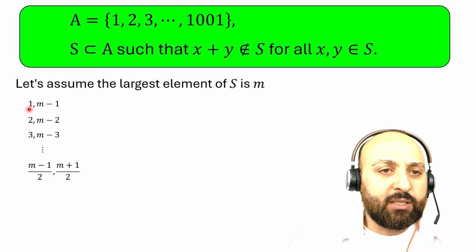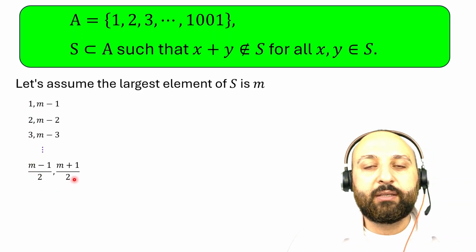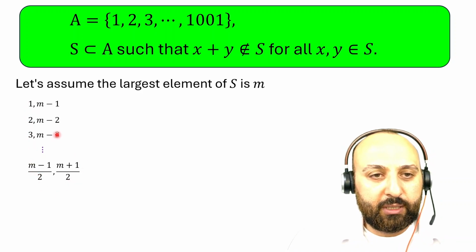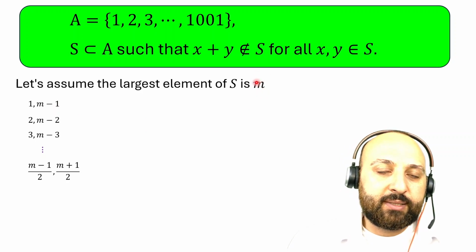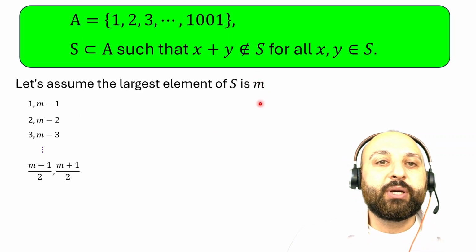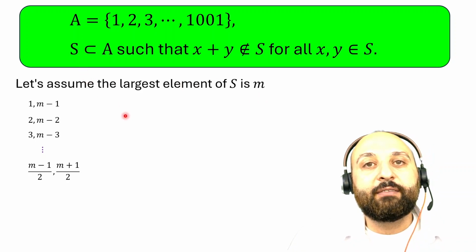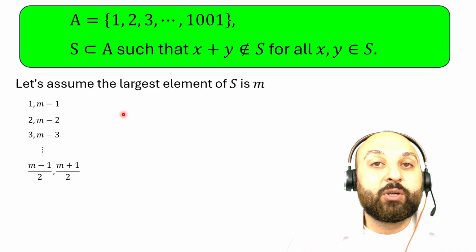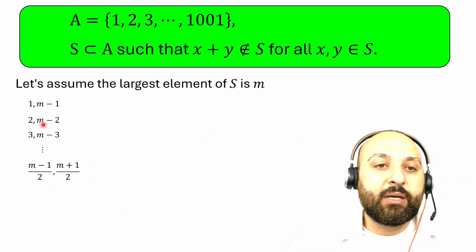So we have 1, 2, 3 till M minus 1 divided by 2, then M plus 1 divided by 2 up till M minus 1, and the final number is M itself. Every possible number that can be in subset S, because M is the maximum, we have grouped like this.